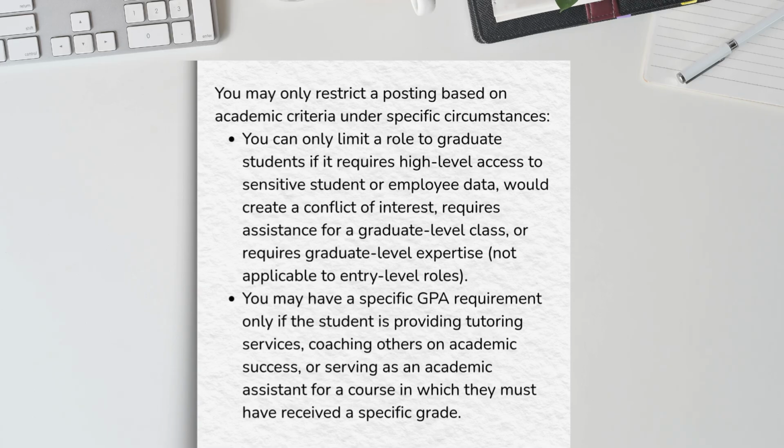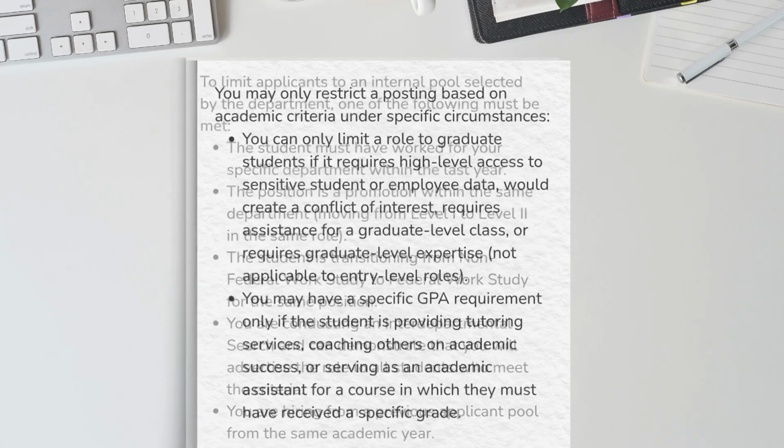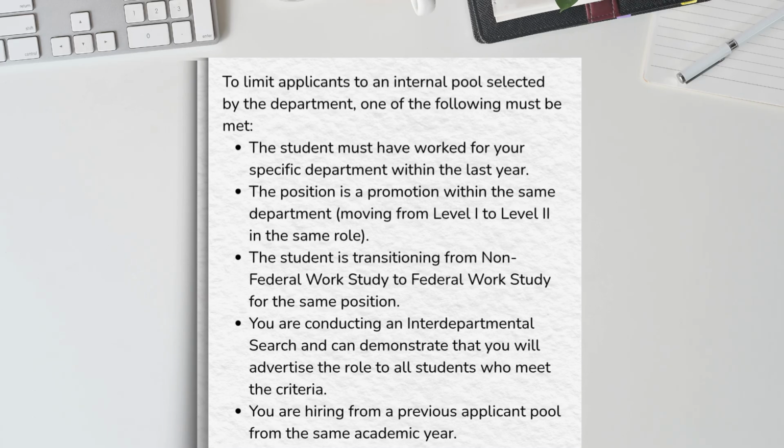You may have a specific GPA requirement only if the student is providing tutoring services, coaching others on academic success, or serving as an academic assistant for a course in which they must have received a specified grade. Lastly, to limit applicants to an internal pool selected by the department, you would request a waiver of posting.